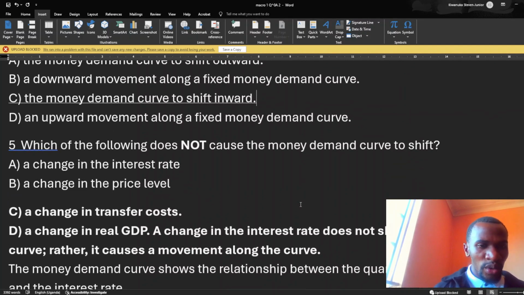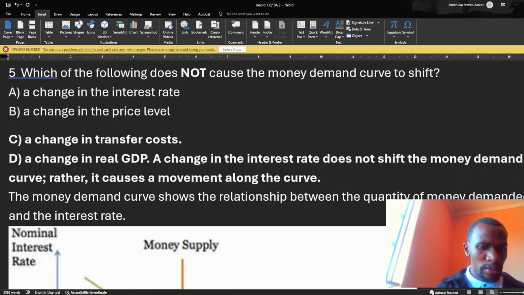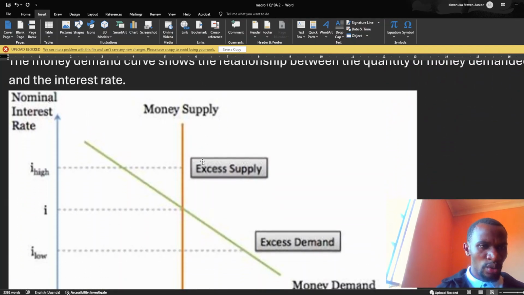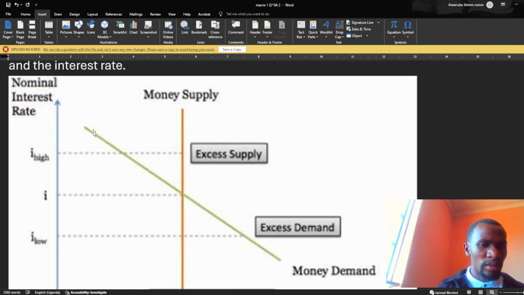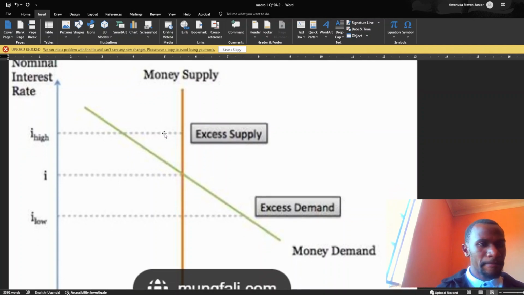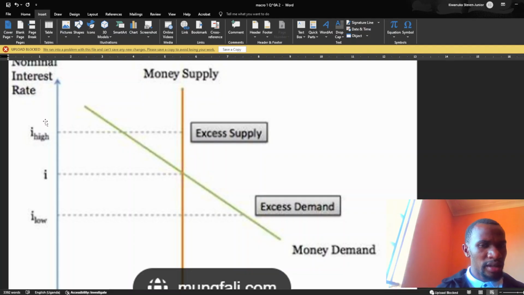Number five, which of the following does not cause money demand to shift? Now I try to put here an illustration. So we have the money supply curve, and here we have interest rate. This is supply, and this is money demand.